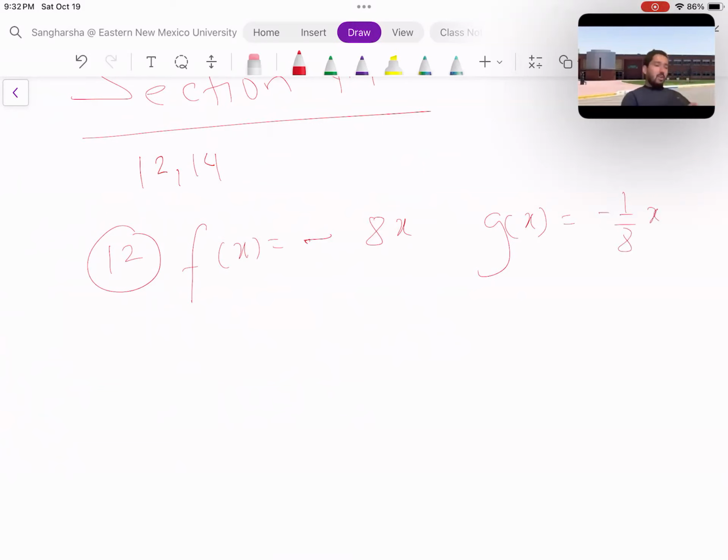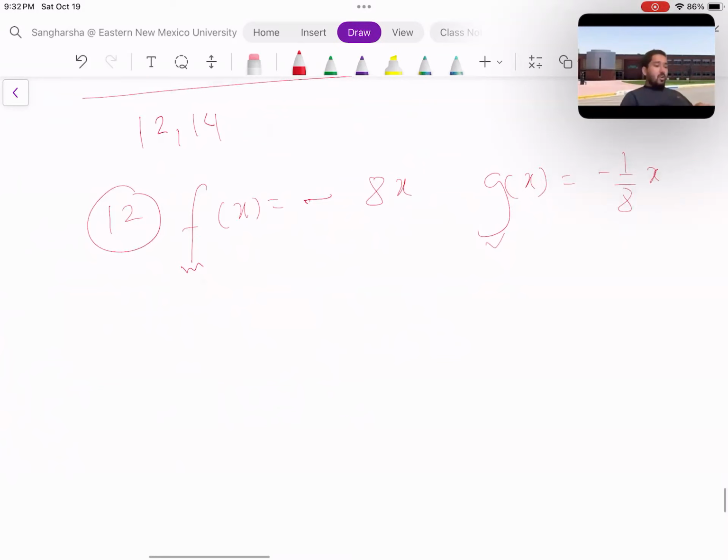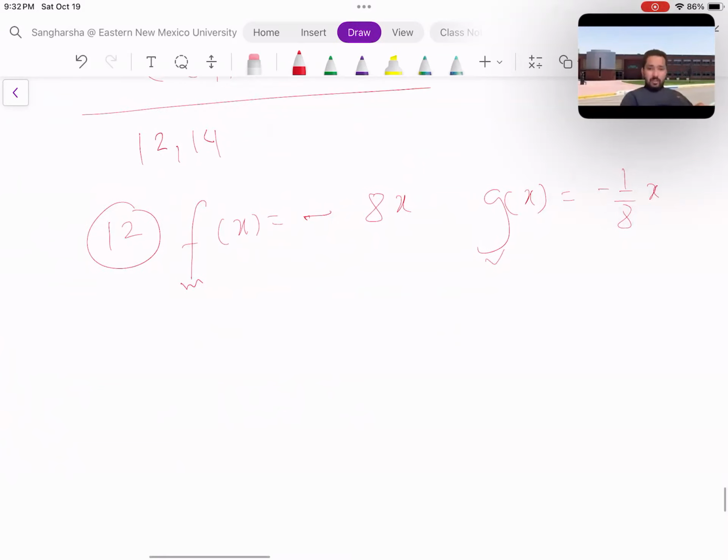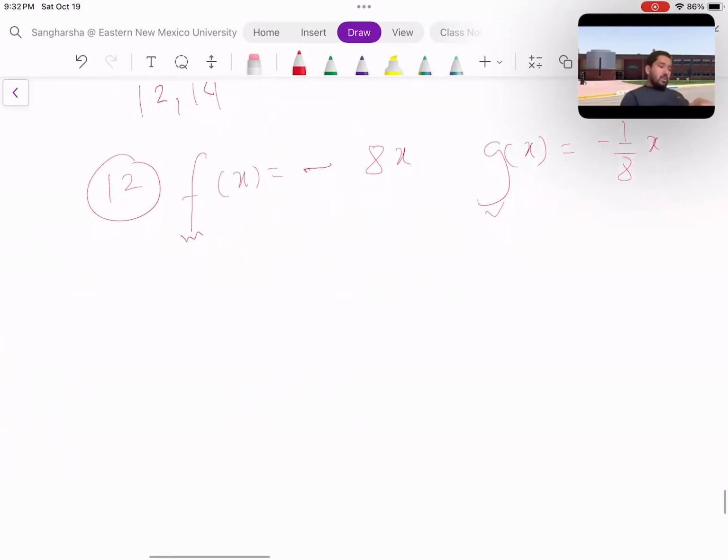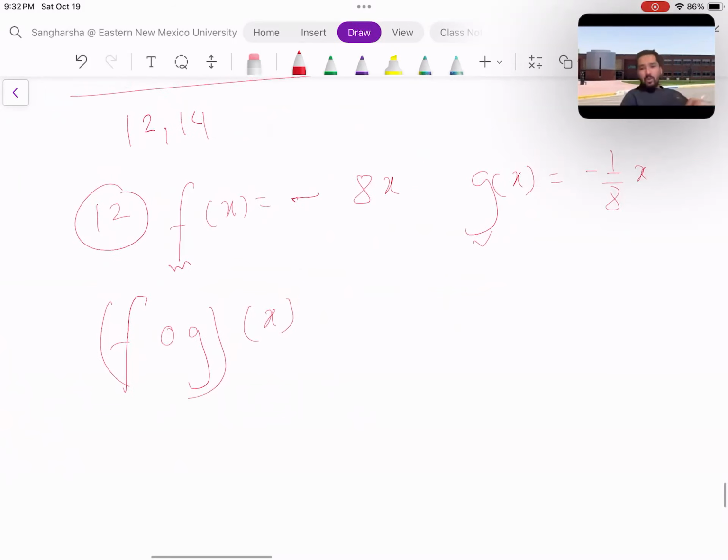And I will give you a hint here, okay? You are asked to verify that f function and g function are inverse of each other. And how do we know? In order to be an inverse of each other, what we're gonna do here is that you have to find f composite g of x, like the way we did earlier.